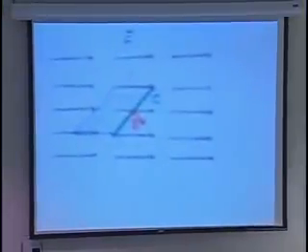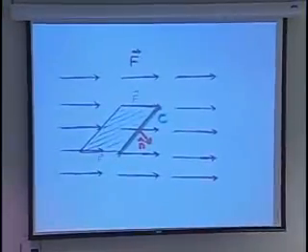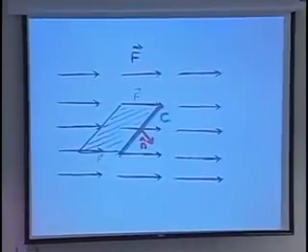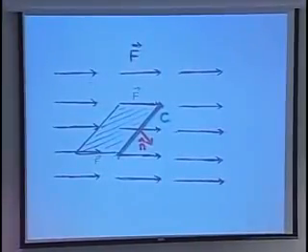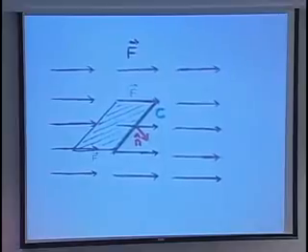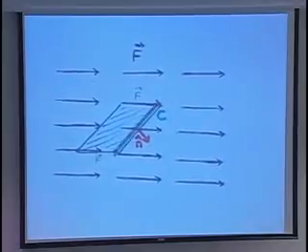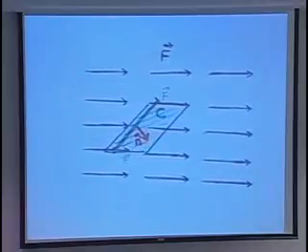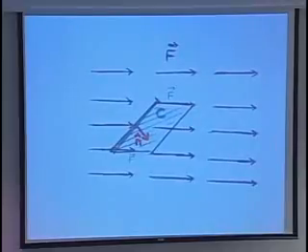Here's a better picture: what will be going through C is this shaded parallelogram to the left of C. Okay, so that's the stuff that goes through my curve in a unit time for a small portion of curve. And of course, I would need to add all of these together to get the entire curve.